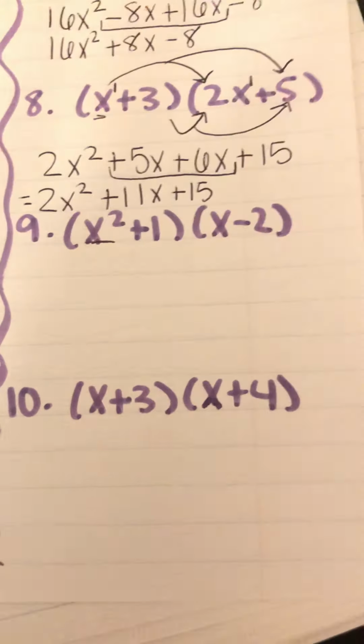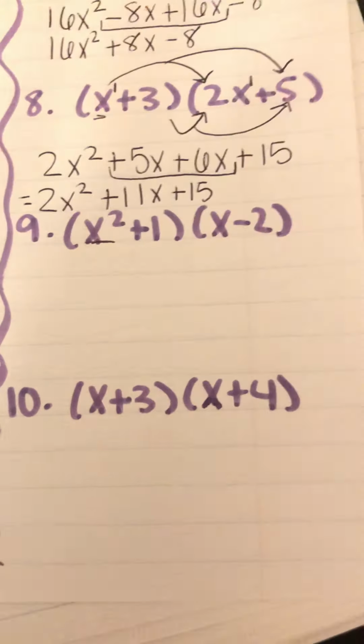And my very last problem, number 10, I have x plus 3 times the quantity x plus 4. Looking at my x, I know that I am going to distribute it to the first term and then again to the last term. X times x is x squared because we add these exponents.